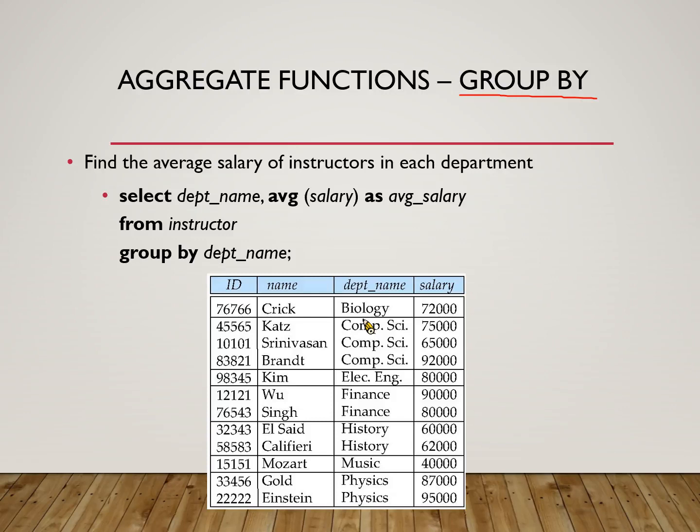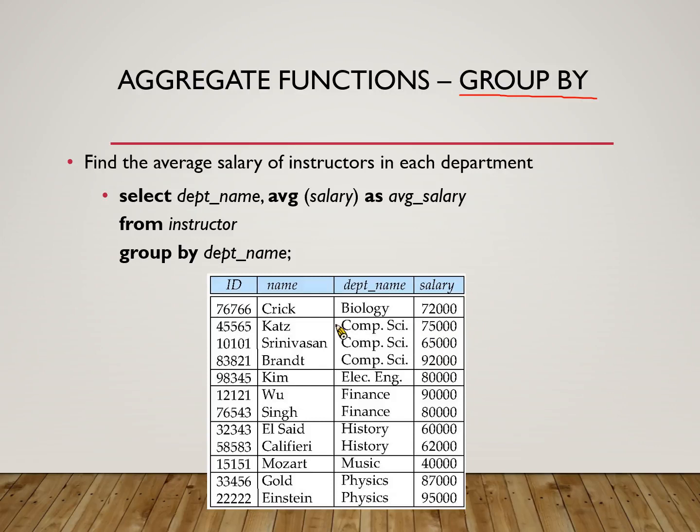In other words, we can group the instructor data according to the department name. According to the group results, we can calculate the average salary of each group.